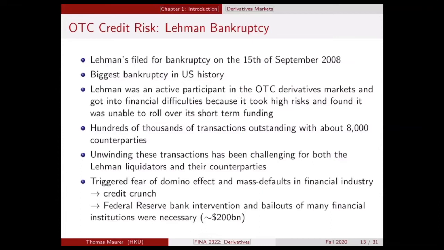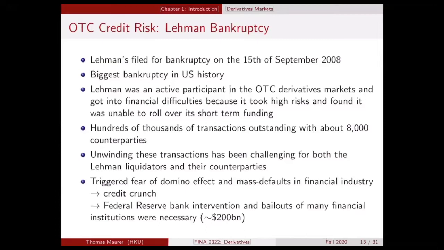Now, unwinding all of these hundreds of thousands of transactions was quite a pain. And it took months and months for liquidators to deal with the bankruptcy of Lehman Brothers. And of course, it was a nightmare for all the counterparties because there were so many outstanding positions.